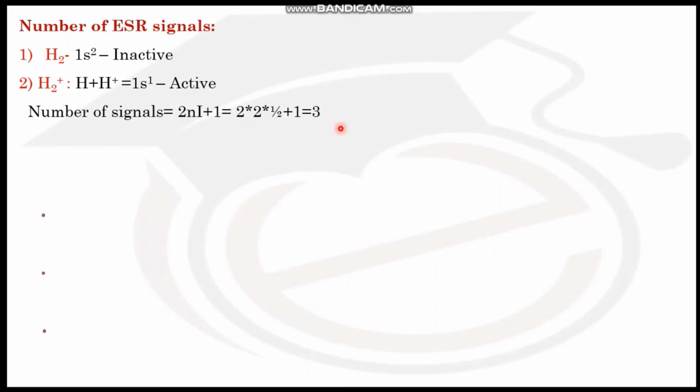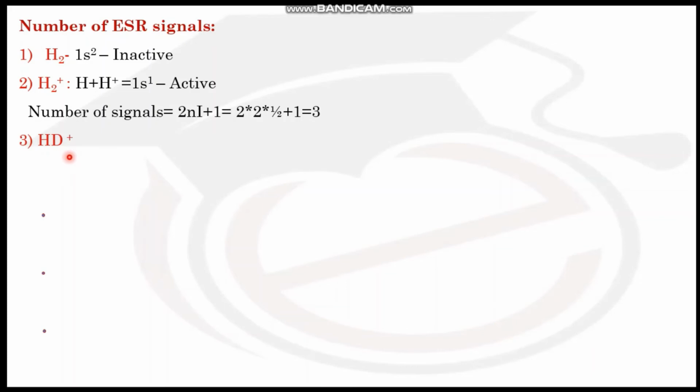Okay, once again, as it contains an unpaired electron, it is ESR active, and as there is an H1 nucleus that is an active nucleus, it has the capacity to split in 2nI plus 1 times. So the value will be 2 into 2 into 1/2 plus 1, that is 3 signals we are getting.